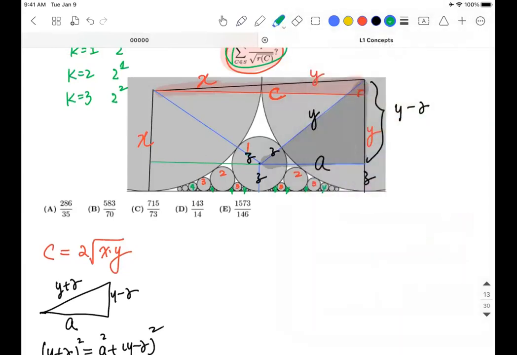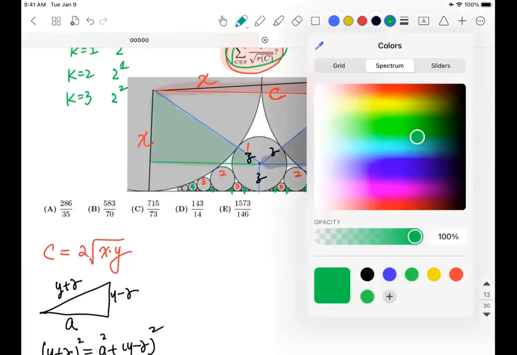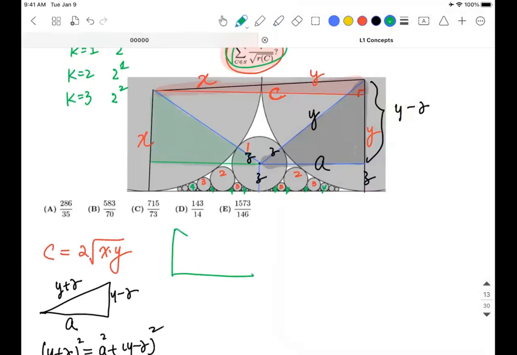In this green triangle, you're going to have this is x plus z, this is x minus z, and this is, let me say, b. X plus z, this is your z, x minus z, this is your b, right?